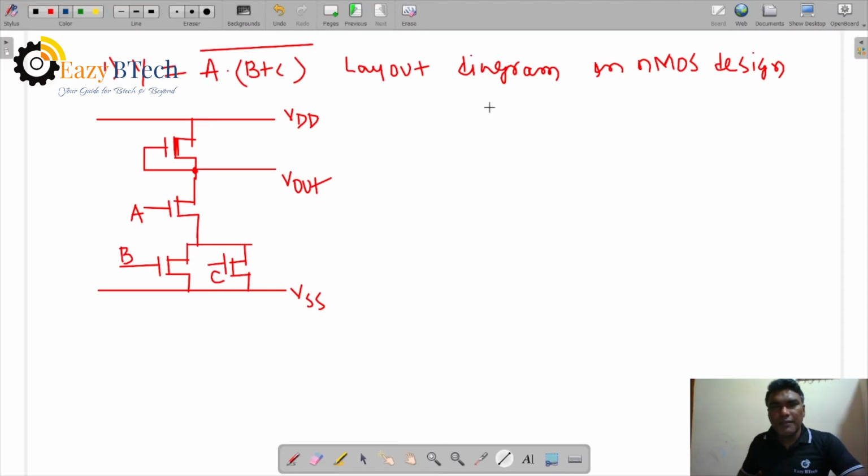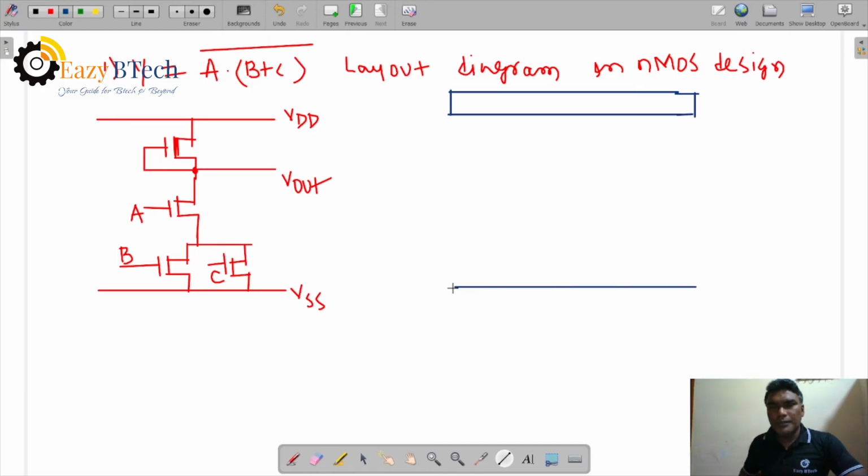So what are VDD and VSS? We use single polysilicon, double metal. This is metal 2, and this is also metal 2, right? You will see the green color representation.